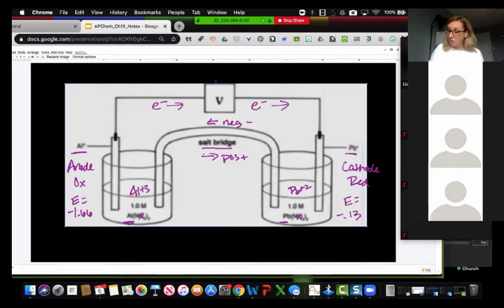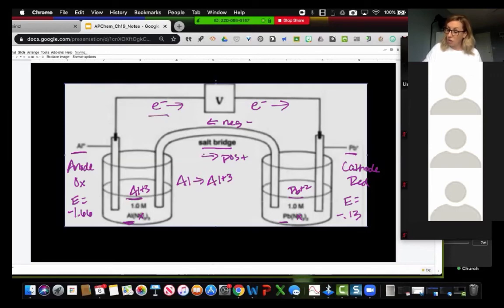One last thing I am going to do here, just because this will help us in a second, is write the reaction that's happening at each side. On this side, aluminum is going from aluminum metal to aluminum +3, because it's losing electrons.